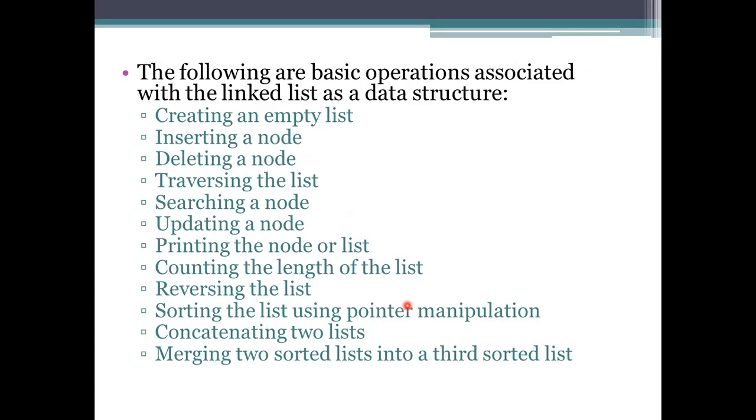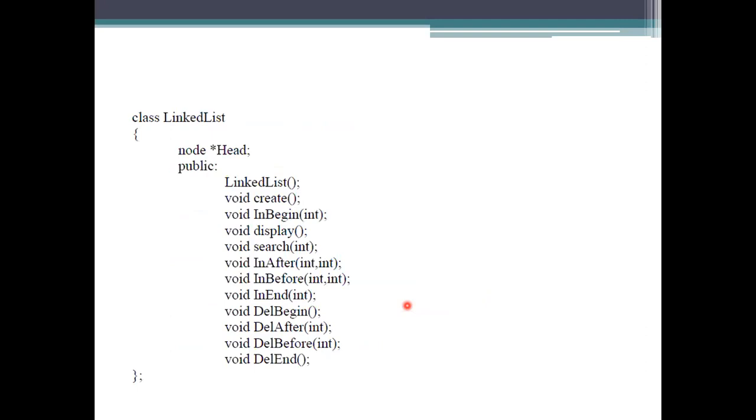Printing all the nodes, the whole list or a single node, will be done by the print operation. However many elements there are, you need to note that by using the count. Reversing will be performed, sorting of the elements will be done, and you have to add these two lists, concatenation will be performed. And then if you want to merge the lists, the result has to be stored as a third list, and it will be performed here.